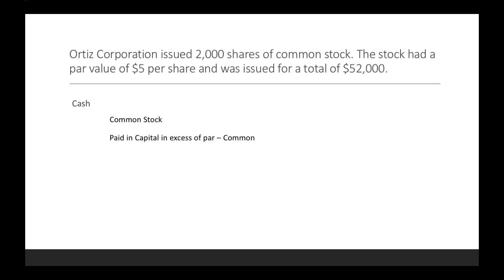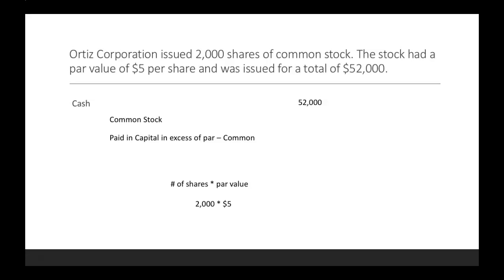Now, how do we figure out the numbers here? Well, we were told that we issued this stock for $52,000. So that's how much we want to debit cash for. Common stock? Well, we're going to need to calculate this one. We're going to take the number of shares that we issued, multiply it by our par value.